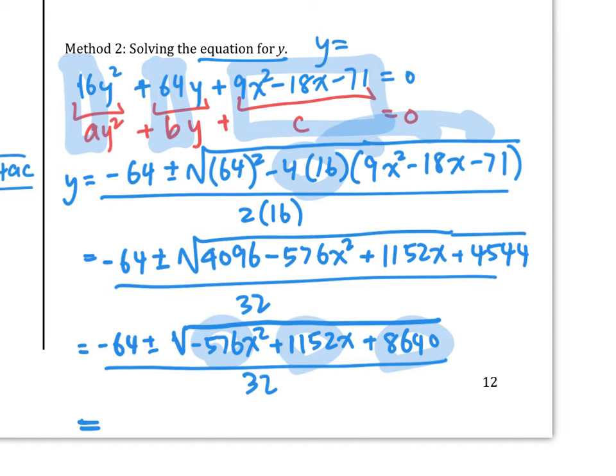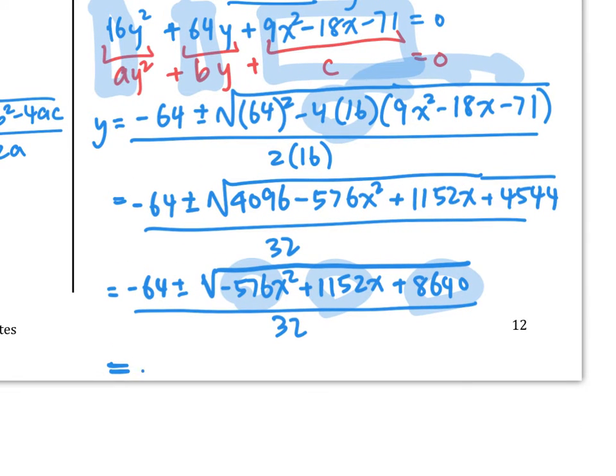In this case, we got very lucky that 576 is the greatest common factor. So I'm going to factor out 576. Notice how I'm not factoring out negative 576 because I won't be able to take it out of the square root anyways.